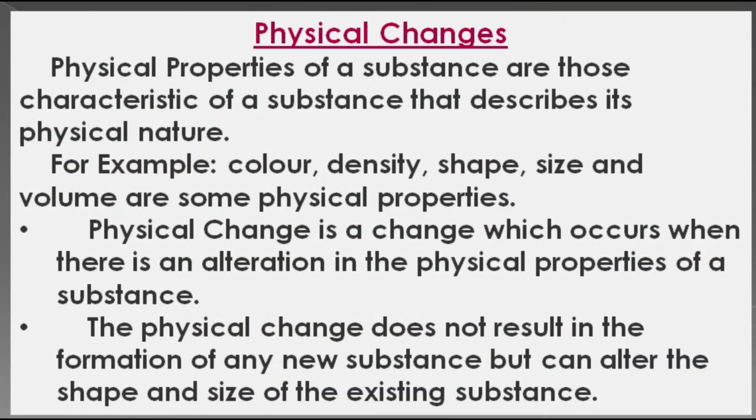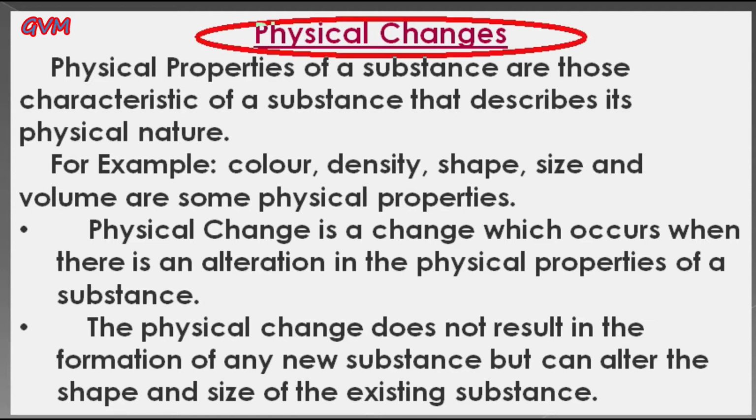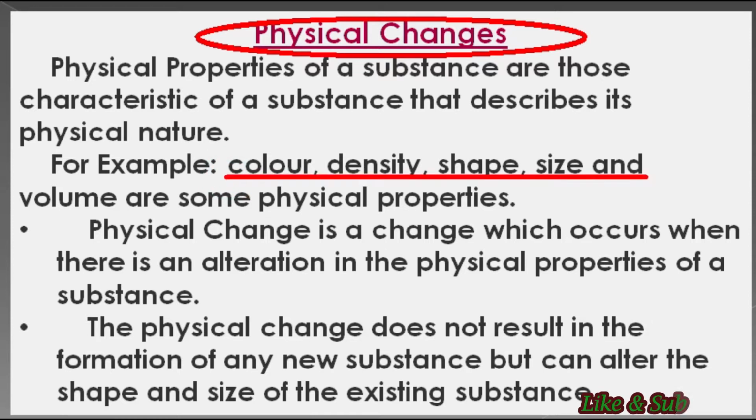So students, the first change that we are going to discuss here is physical changes. Students, physical change is a type of change where the physical properties, meaning the physical appearance of a matter, change. And students, the physical properties mainly involve the color, density, shape, size and volume of any substance.